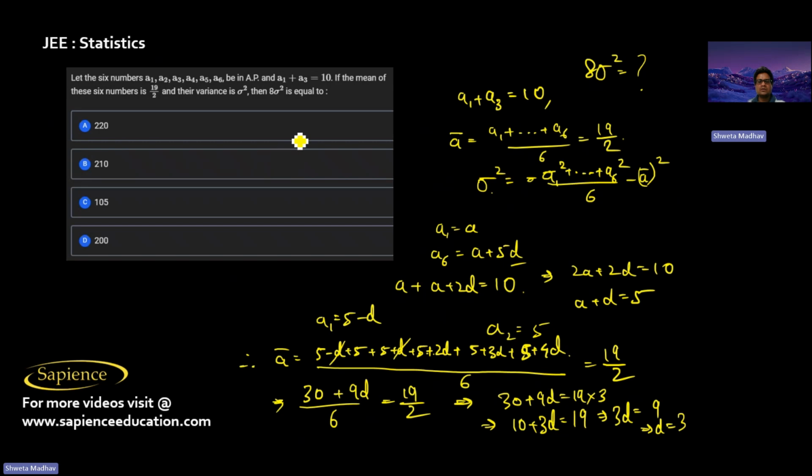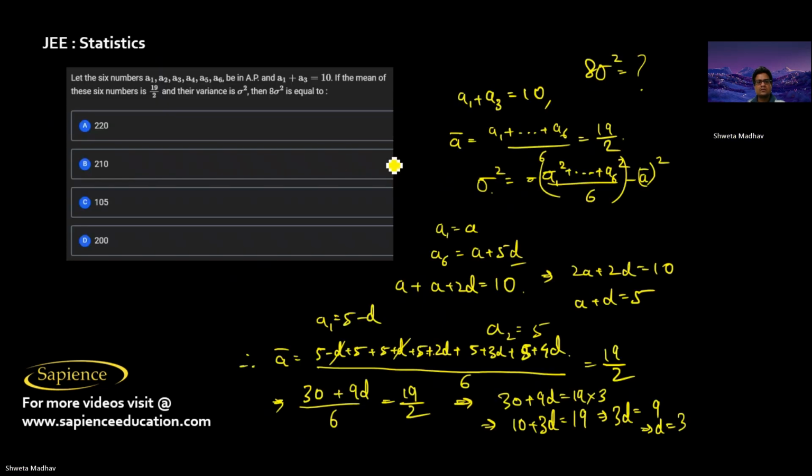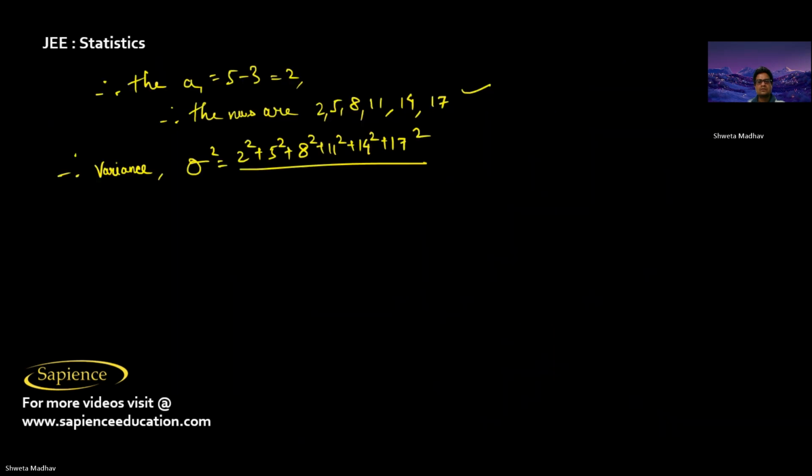Variance sigma square will be equal to 2 square plus 5 square plus 8 square plus 11 square plus 14 square plus 17 square divided by 6 minus the mean square, which is 19 by 2 whole square.